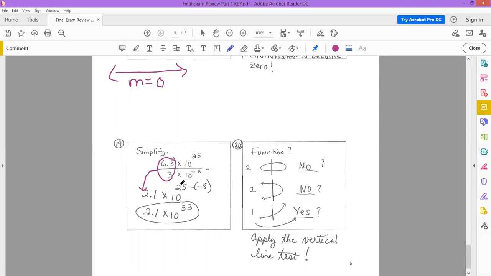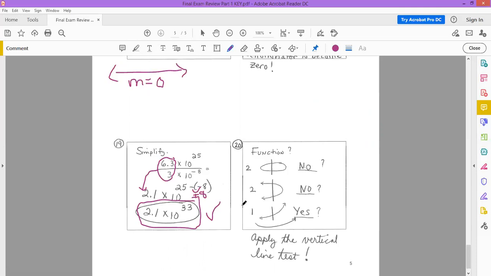Top power, which is 25, minus bottom power, which is negative 8. And remember, 25 minus negative 8 becomes a plus, so that's just positive 8. 25 plus 8 leaves 10 to the power of 33. And the 2.1 stays in front, but this is our answer: 2.1 times 10 to the 33rd power.